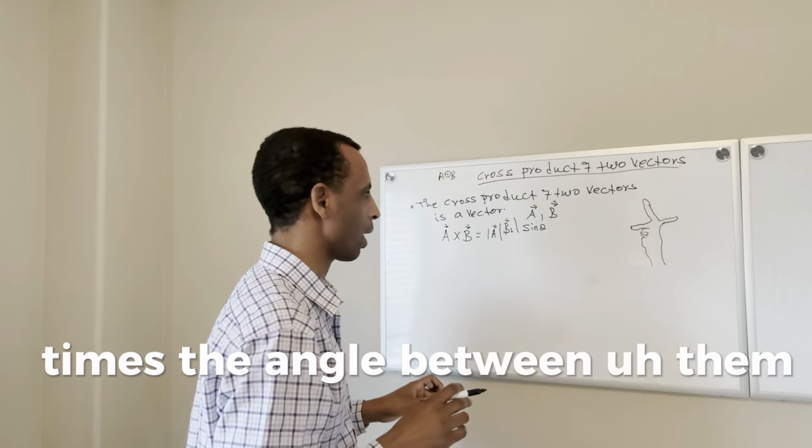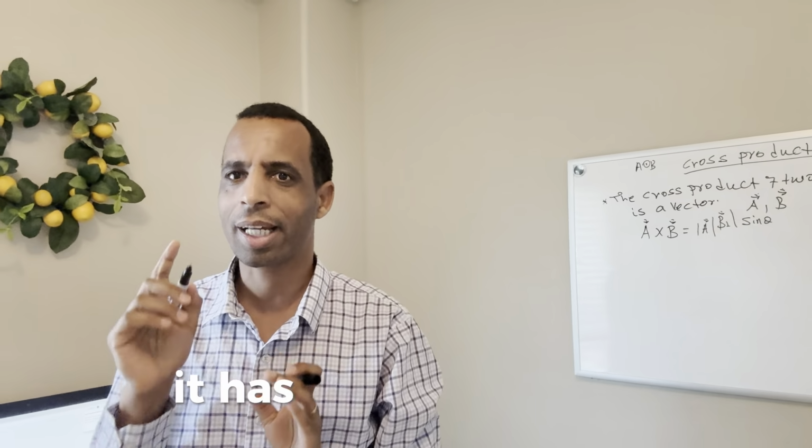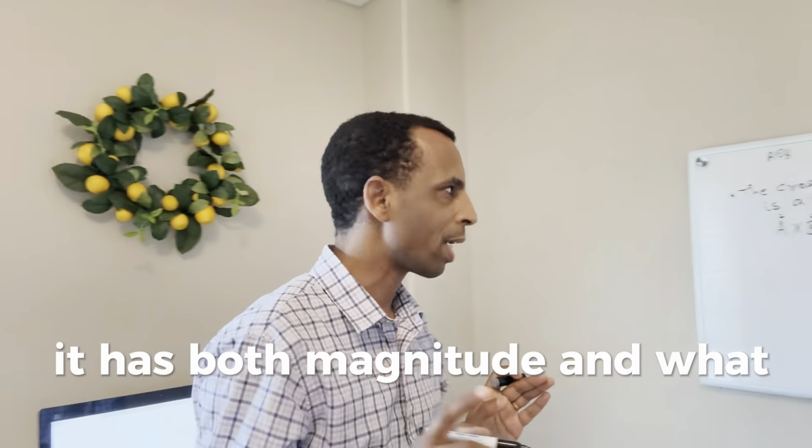The cross product of these two vectors is a vector. Since it is a vector, it has both magnitude and direction. So how can we determine the direction of the vector?